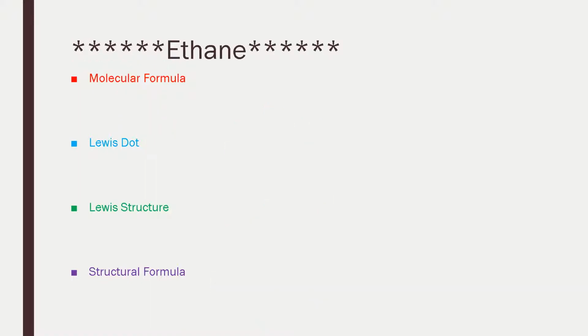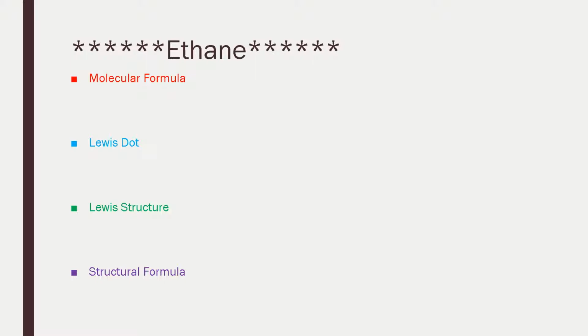Next we have ethane, which is a special case, and that is why I put it in this video. Carbon always needs 4 bonds, but here is the exception.